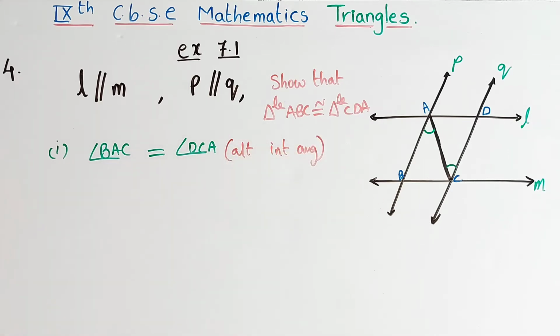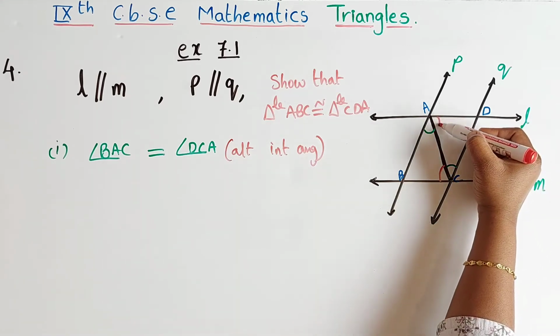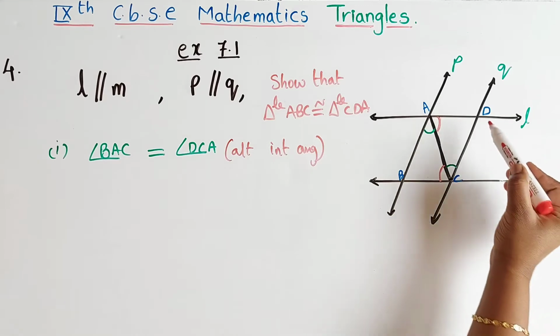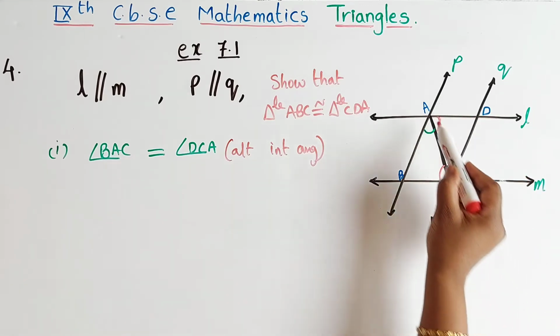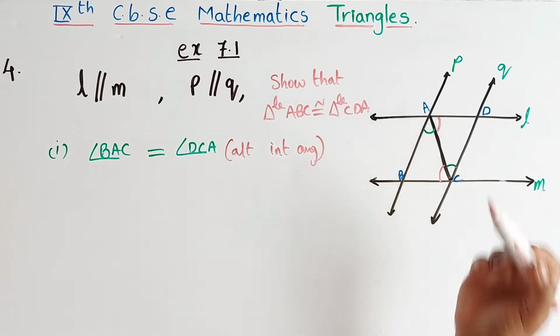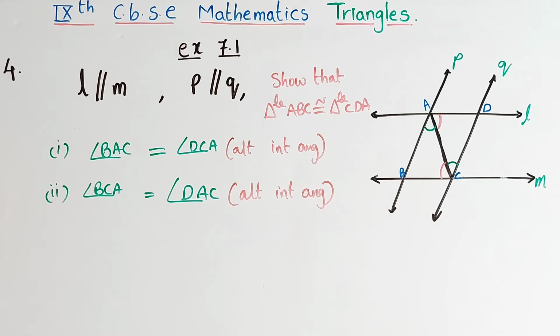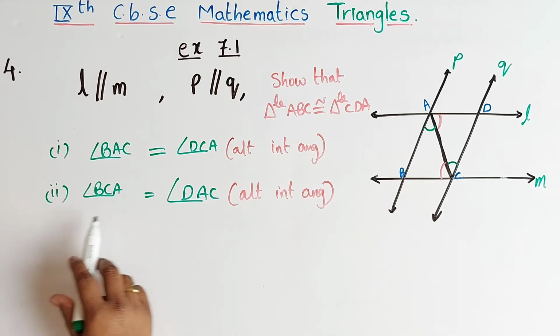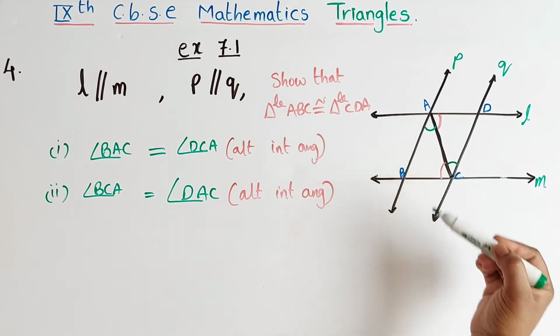Now check for the second pair, children, this one, and here. Angle DAC equals angle BCA because these both are alternate interior angles. So here I have written angle BCA equals angle DAC, both are alternate interior angles.